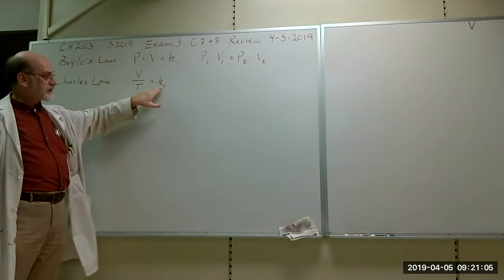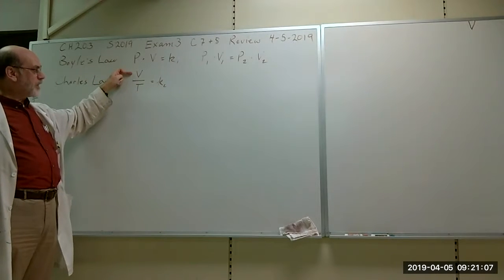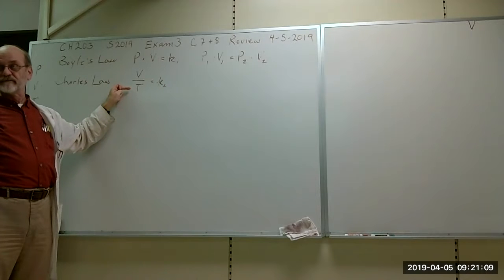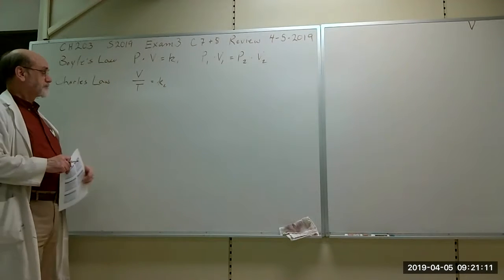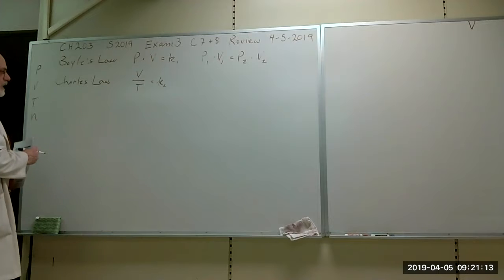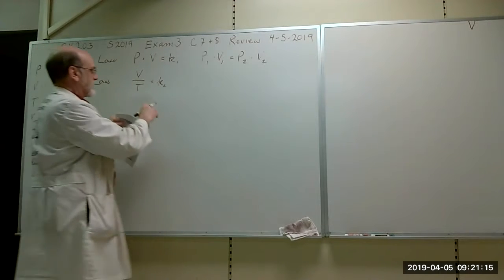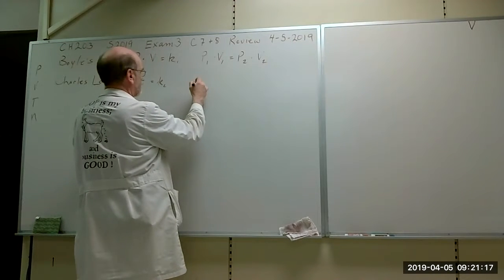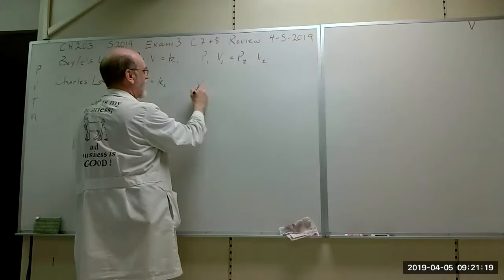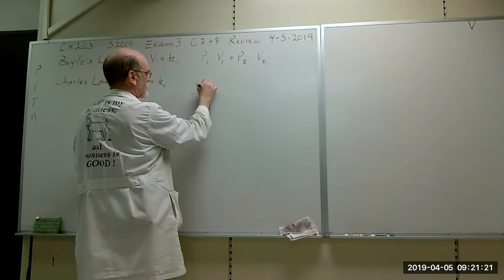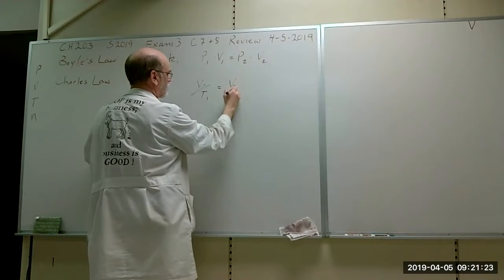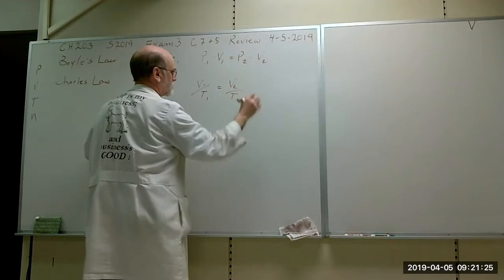Because in order to keep this constant, if this one goes up, that one has to go up. And you can use the same reasoning to use a before and after scenario. Like that.